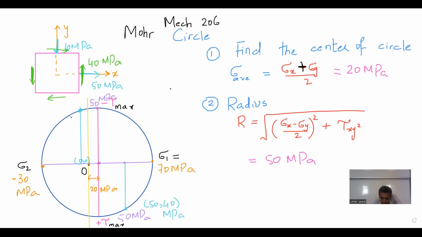I will answer your question. 50, 40. Should be minus 20. This is negative. Wait a minute. Now I think it is correct.